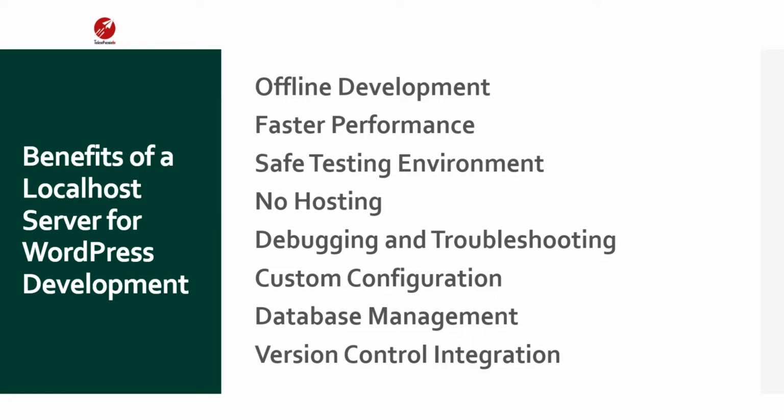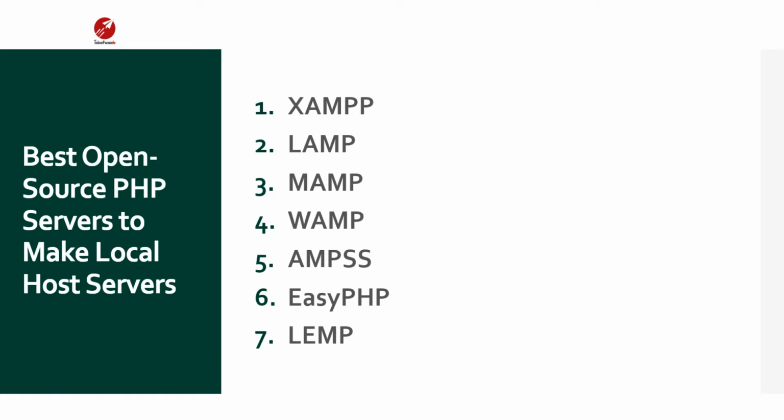So, if we are using a localhost server, how many localhost servers do we have, and which one is the best? We have so many localhost servers, and the 7 that I've seen to be the best open source are the ones you are seeing on the screen.